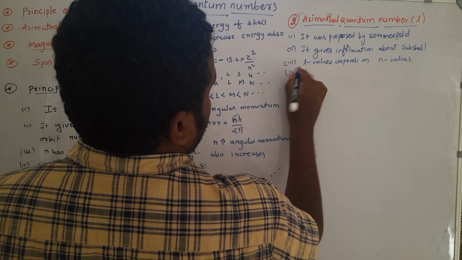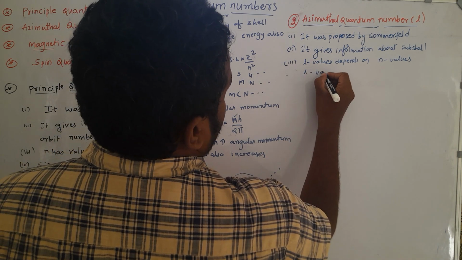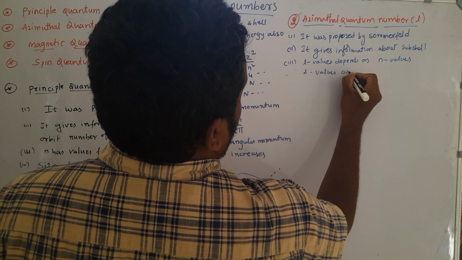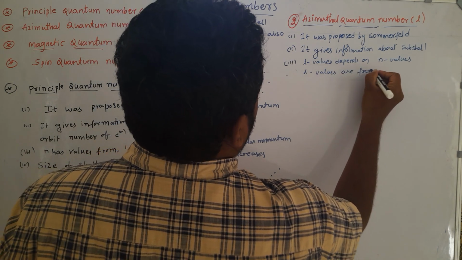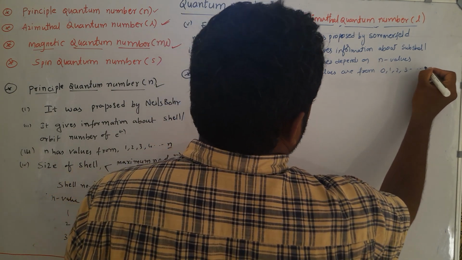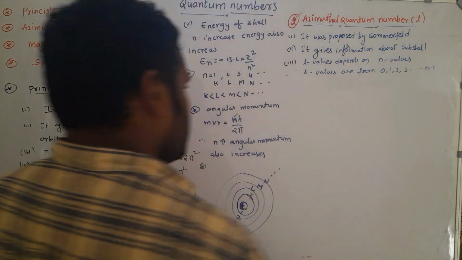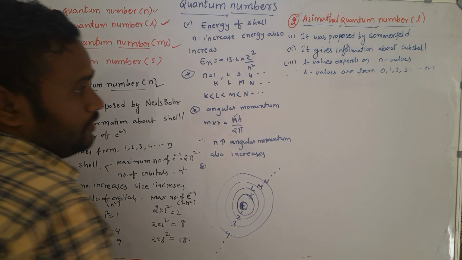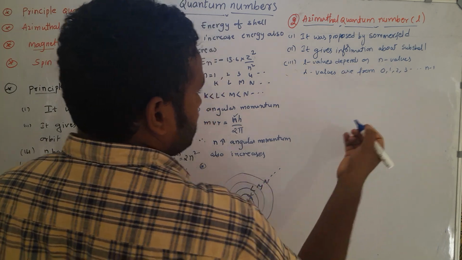L values are from 0, 1, 2, 3 and so on up to n minus 1. These are the possible L values.